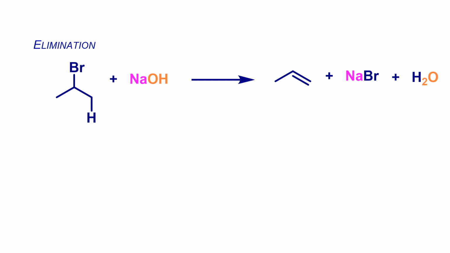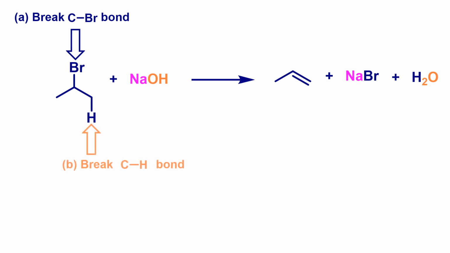Looking more closely at the elimination reaction now, 2 things need to happen here as well. The carbon-bromine bond needs to break, and a CH bond from the carbon next door is also broken. Once again, there are 2 main pathways by which this can occur.